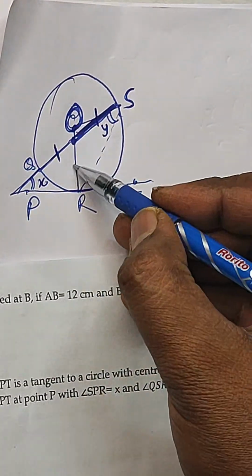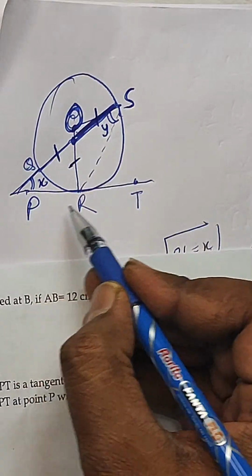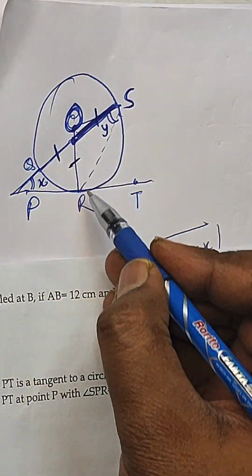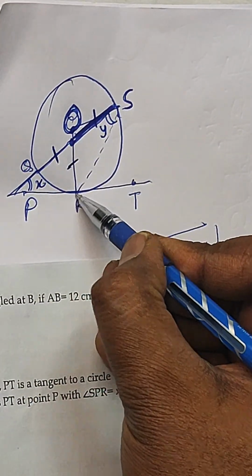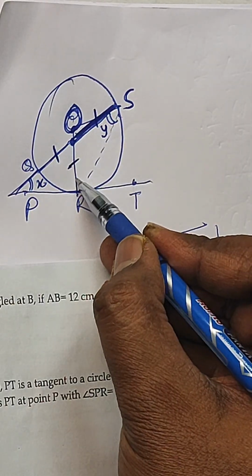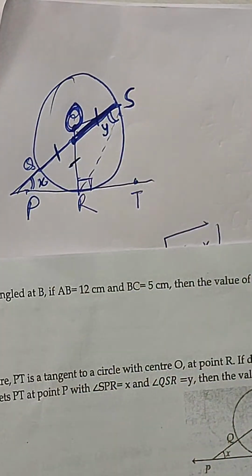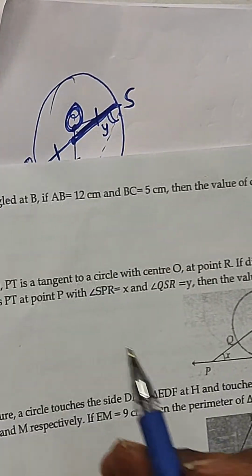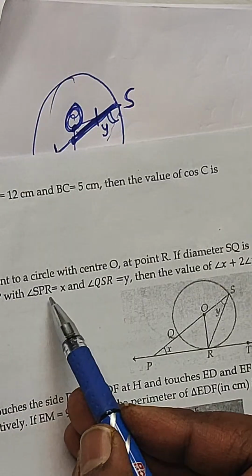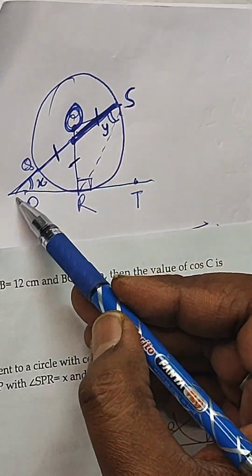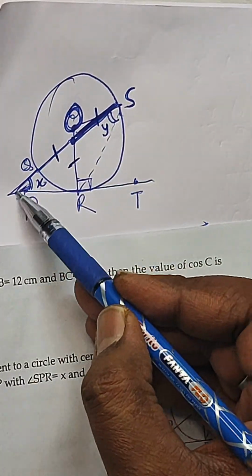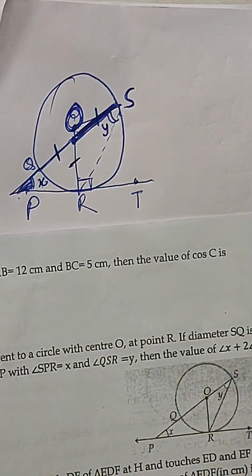And this is also equal to OR, because PRT is the tangent. So definitely the tangent will be striking over here, and this will be making a radius, with the radius making an angle of 90 degrees, isn't it? Now from this, angle SPR is X. This angle is given to you as X, right?